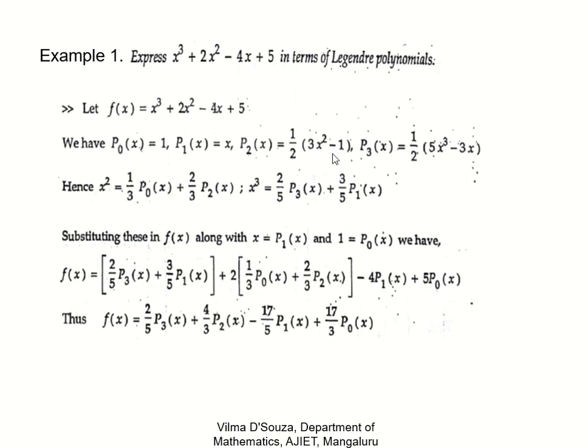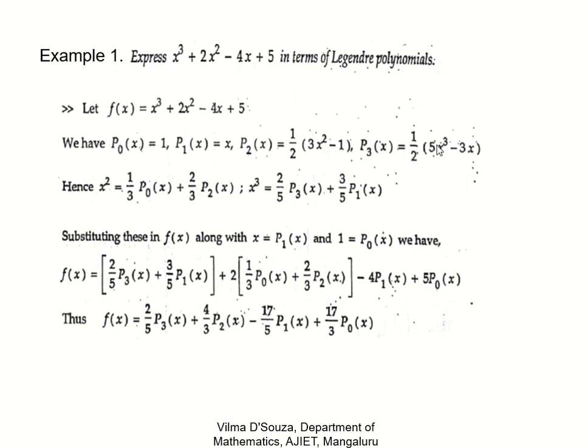So 3x square is 2P2 of x plus 1, or 1 plus 2 into P2 of x. So x square is 1 by 3 into 1 plus 2P2 of x. So 1 by 3 into P0 of x plus 2 by 3 into P2 of x. That 1 by 3 can be written as 1 by 3 into P0 of x. This is how you rewrite in terms of P0 and P2.